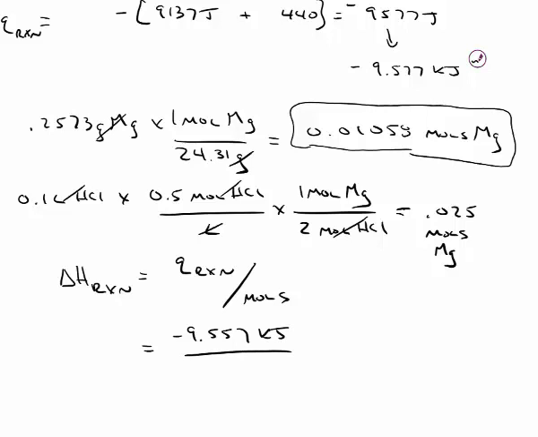We'll divide that by 0.01058 moles of magnesium, and I get negative 905 kilojoules. And remember, this is negative, it is exothermic, per mole of magnesium.